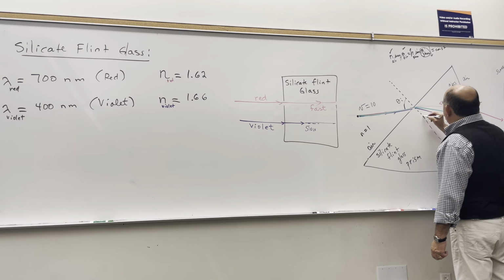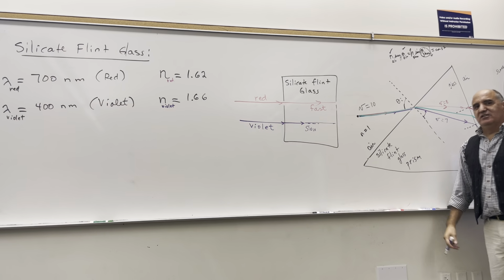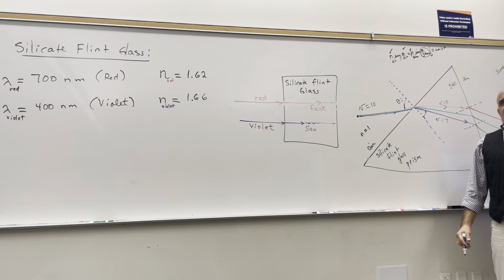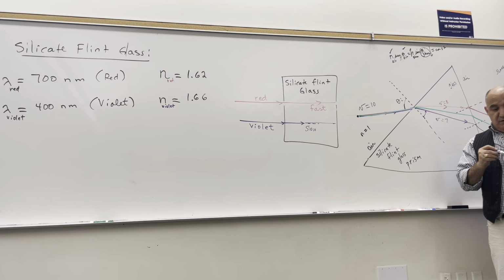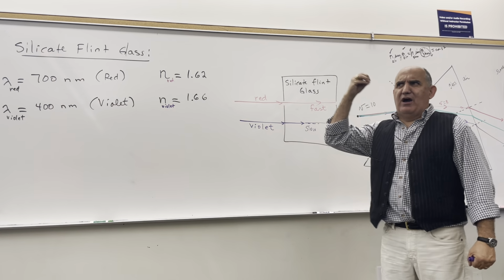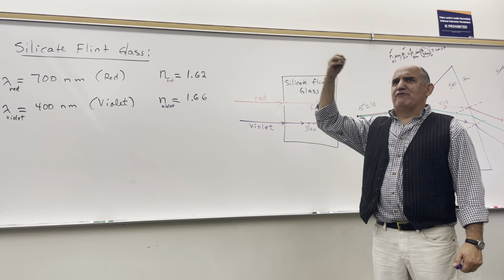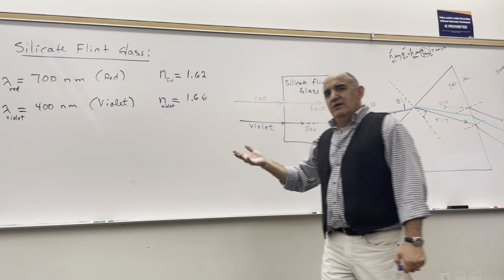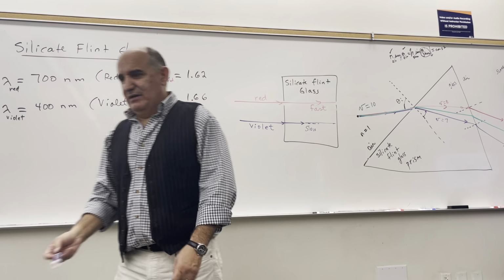So notice that having a smaller angle of refraction is equivalent in this problem to saying it's the one that refracts more. Because when I ask which one will refract more, you might be thinking, oh, the one with the higher angle of refraction is going to be the one that refracts more. But that's not the case, right?